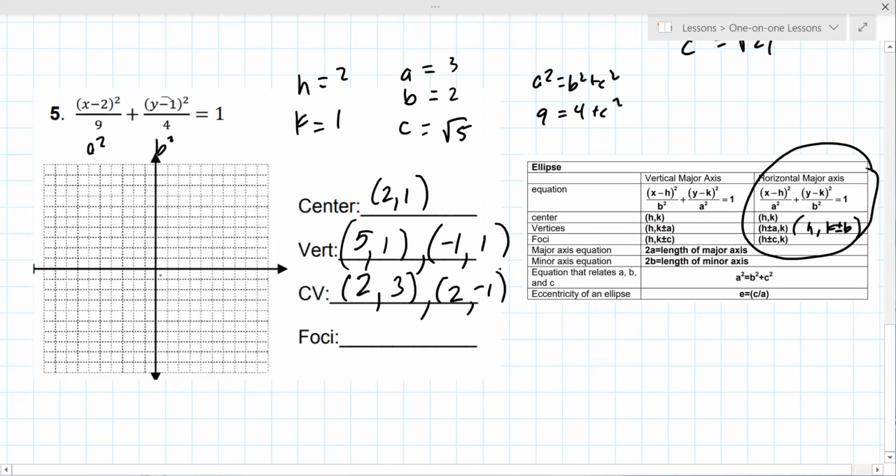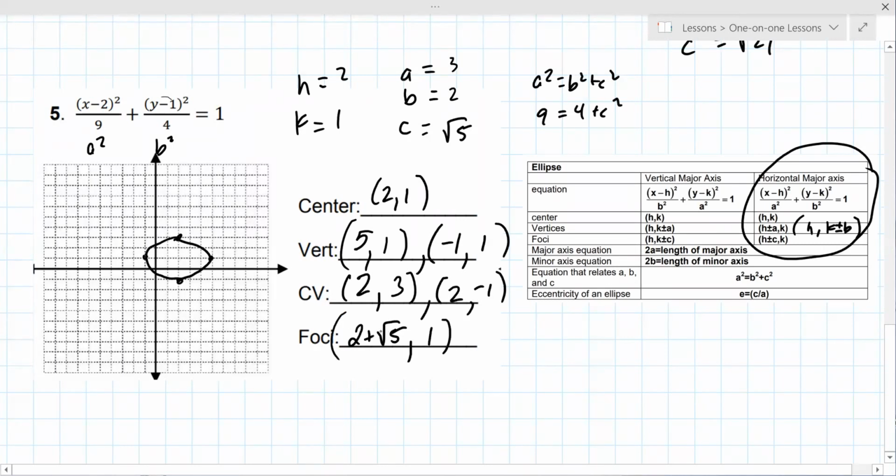So that's 5, 1, negative 1, 1, 2, 3, 2, minus 1. So that's the shape of this thing. Foci is H plus or minus C. So H plus C, so 2 plus square root 5, comma, K, which is 1.